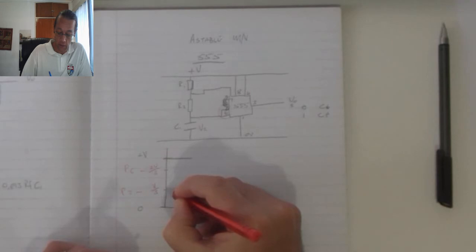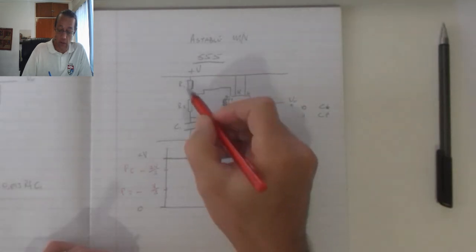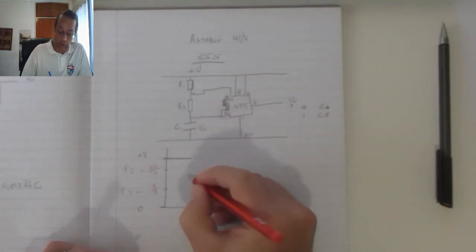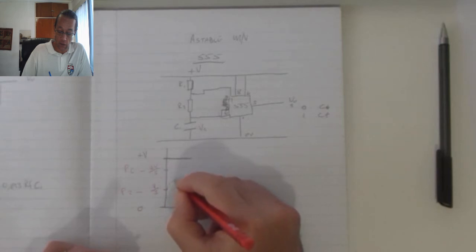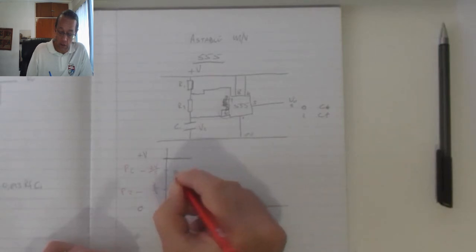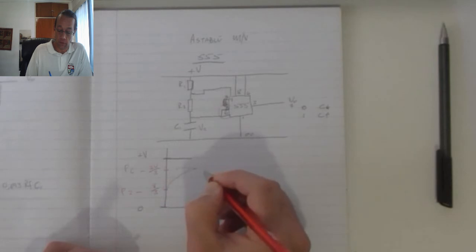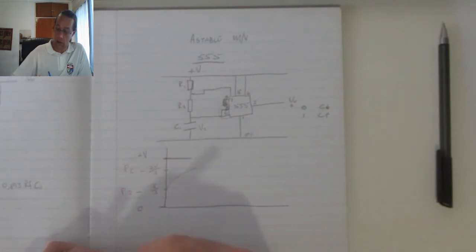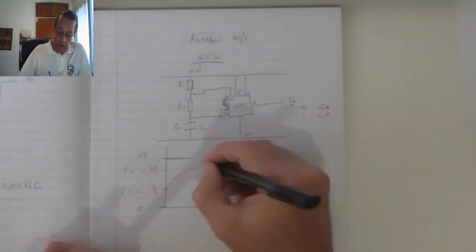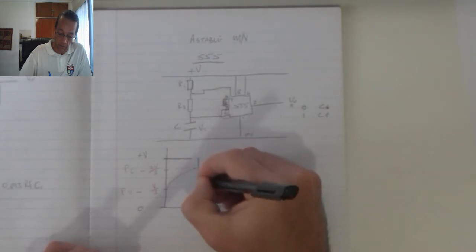My capacitor is charging up at a rate set by the total sum of resistor 1 and 2. Once it reaches that 2/3 level, it is going to switch the output into the off state.